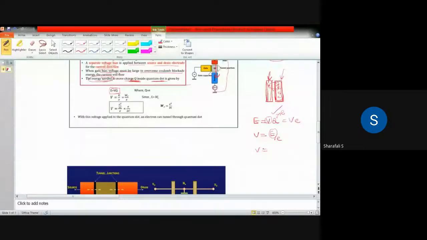The potential will be equal to E square by 2c divided by E, right?